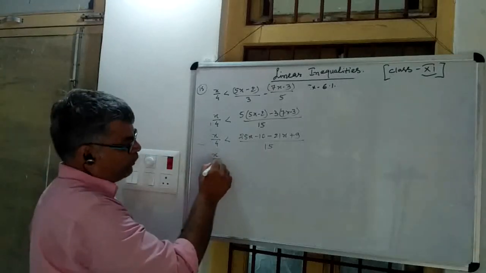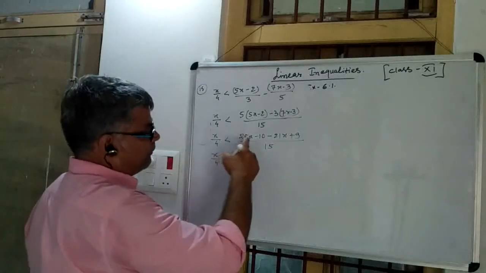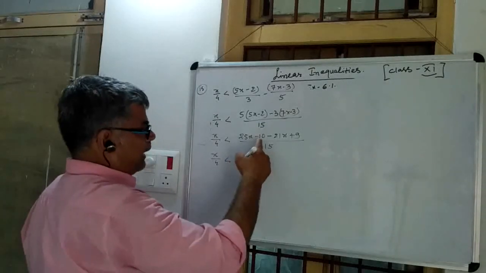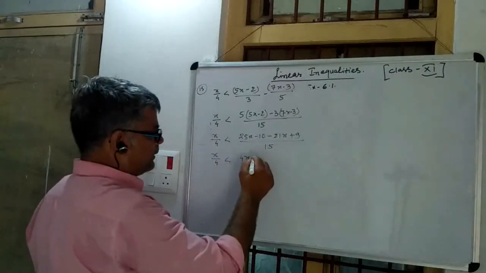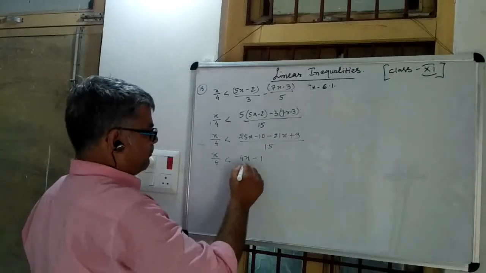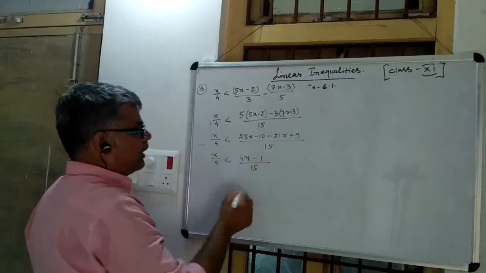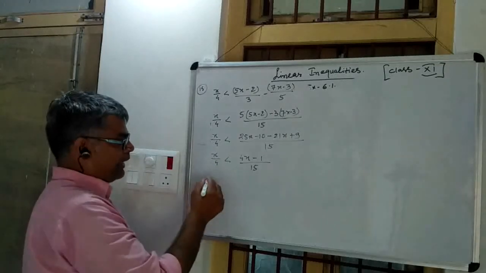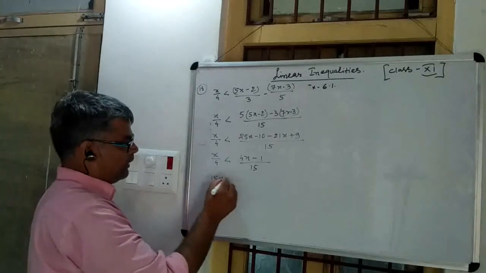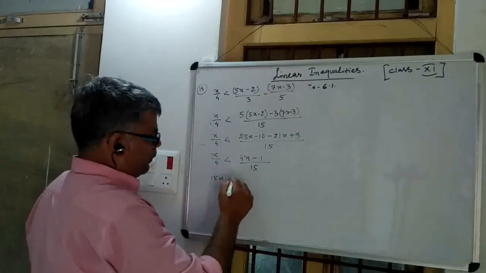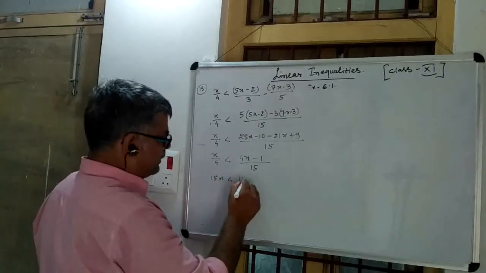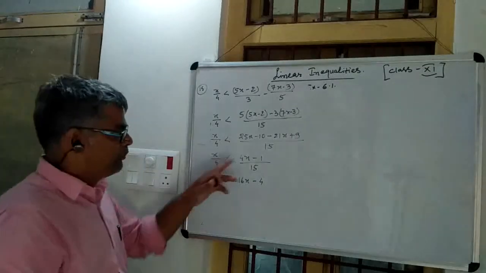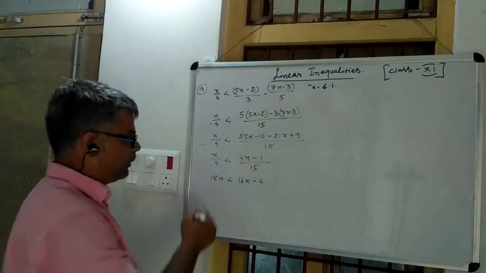So x by 4 is less than 25x minus 21x, that is 4x, minus 10 plus 9, minus 1, by 15. Now by cross multiplying we can write 15x less than 16x minus 4. When you multiply 4x minus 1 by 4, then you will get this.